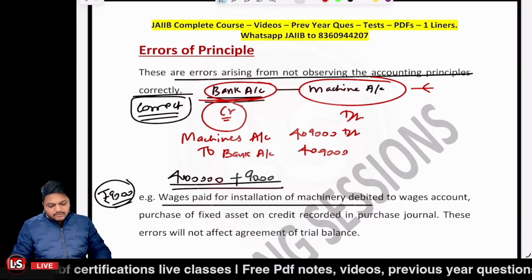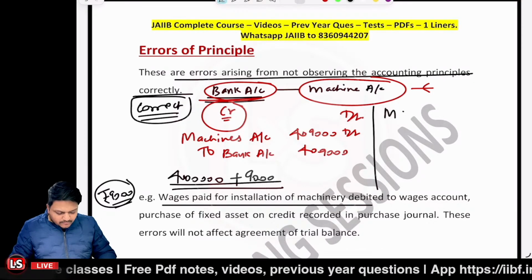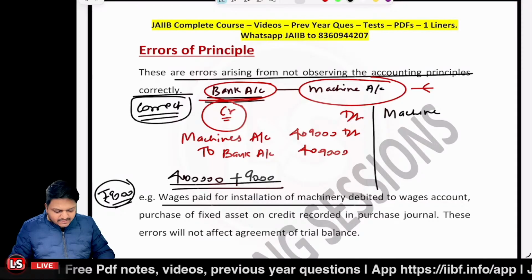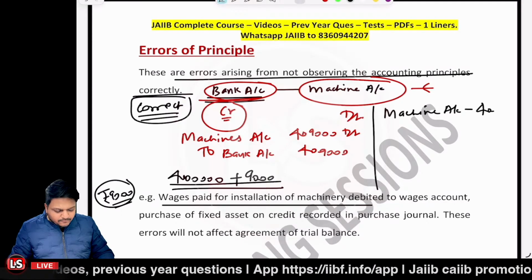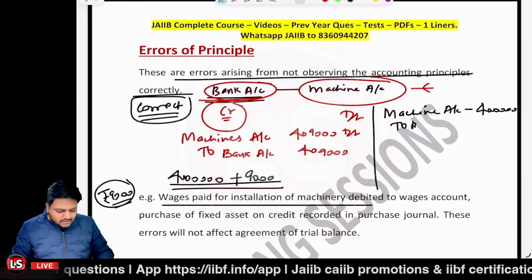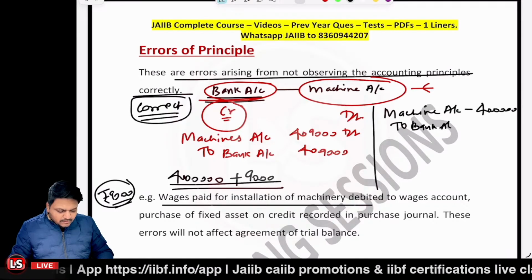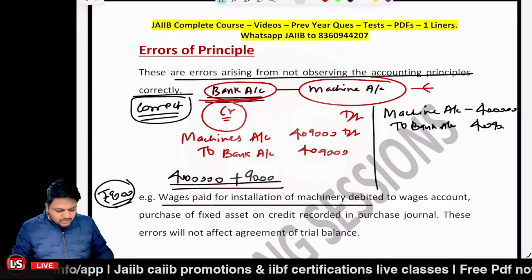But what we did was put the rupees 4 lakh entry separately: machine account debited rupees 4 lakh, to bank account credited rupees 4 lakh 9,000.